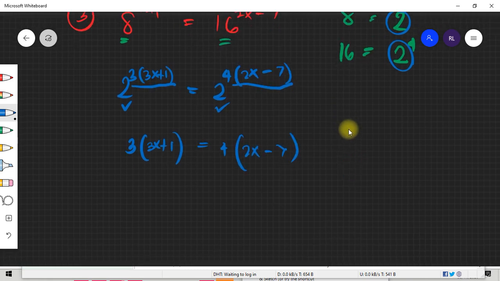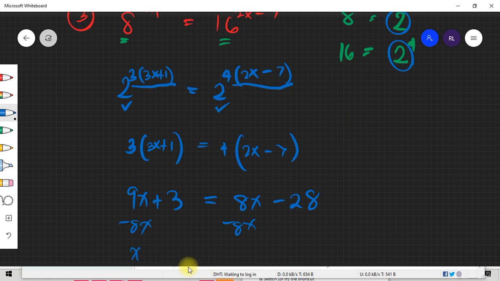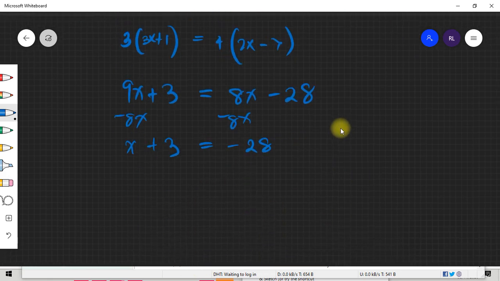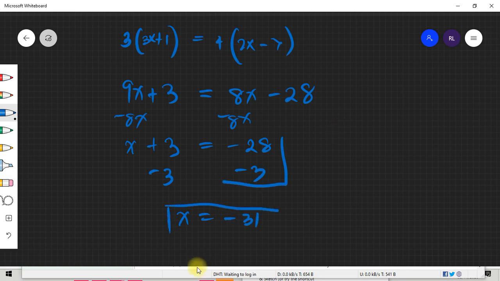In this case, we'll have 9x plus 3 equals 8x minus 28. Subtracting 8x from both sides, we get x plus 3 equals negative 28. Then minus 3 again, so we'll have x equals negative 31. So that is our value.